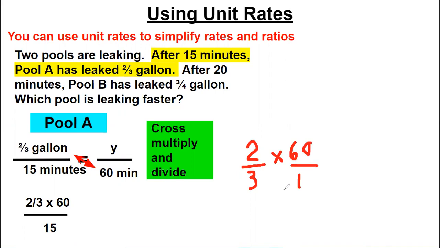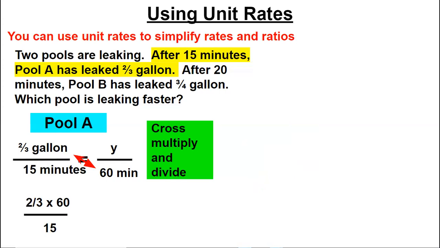You can always put a 60 over 1. Then 3 will go into 60 20 times, because 20, 40, 60, and 3 will go into itself once. So 2 times 20 is equal to 40. And on the bottom, I have 1 times 1, which is just 1.